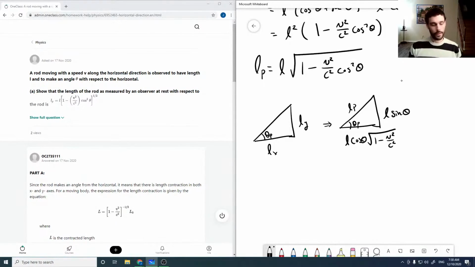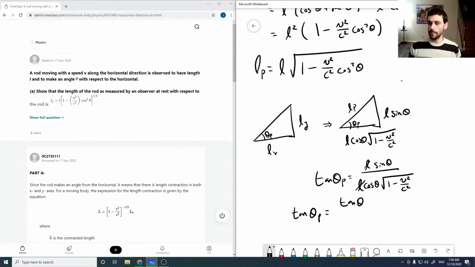And so then our tan theta p is equal to opposite over adjacent, so L sine theta over L cos theta square root 1 minus v squared over c squared. The L's cancel. Sine theta over cos theta is just tan theta. So then tan theta p is tan theta over root 1 minus v squared over c squared.